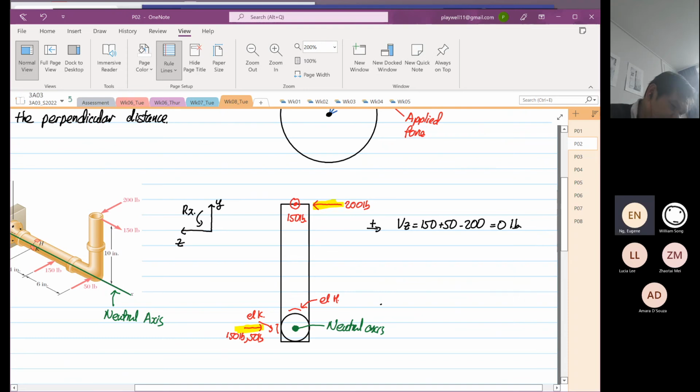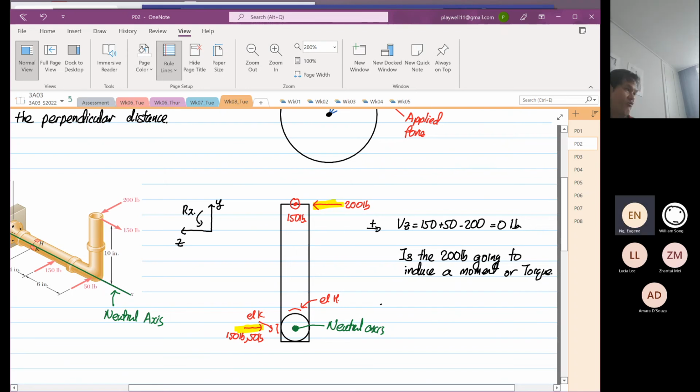Now, the next thing is this. Is the 200 pounds going to induce a moment or torque?